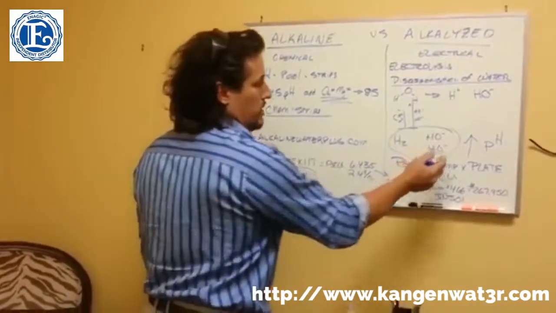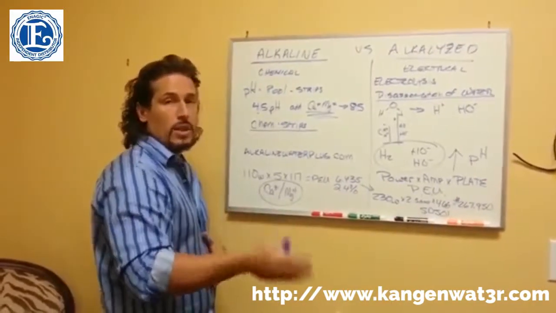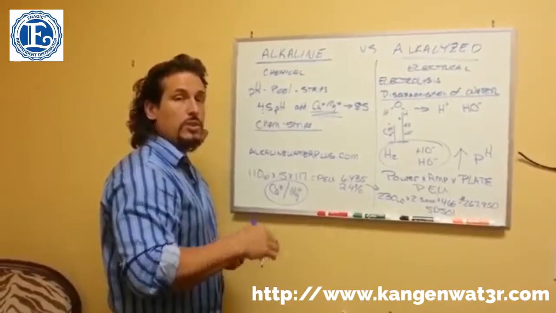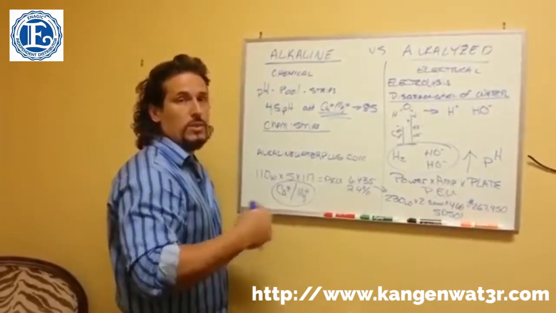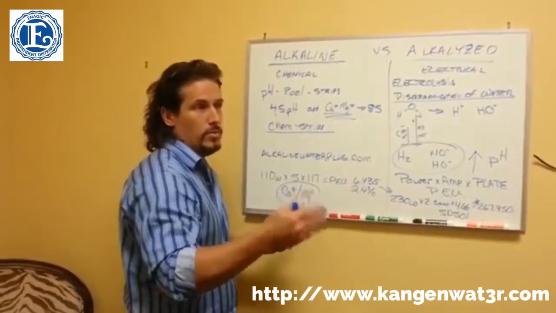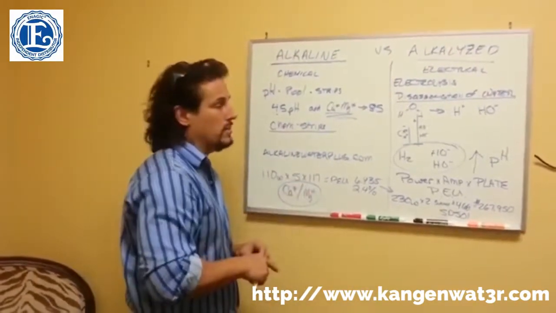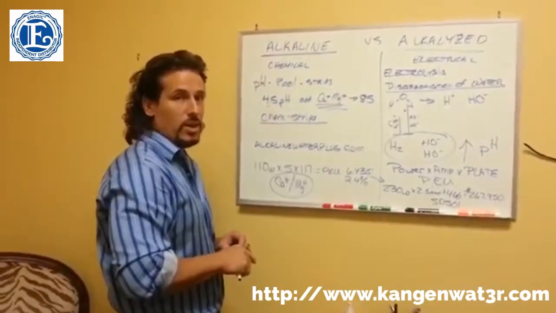The hydroxyl ions will continue to go through the aquaporin, and that will flush out the toxins within the cell, so you'll get an alteration of the intracellular pH, which is removing cellular metabolic byproducts such as urea, ammonia, CO2, things like that. So that's the essential difference between alkaline and alkalized water.